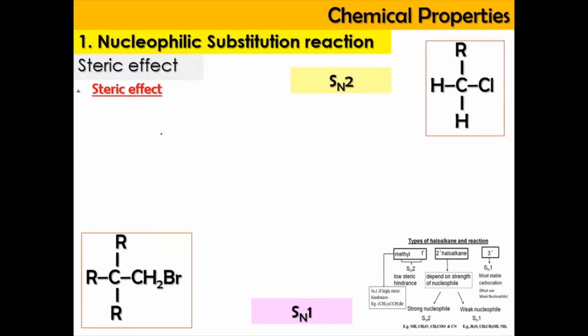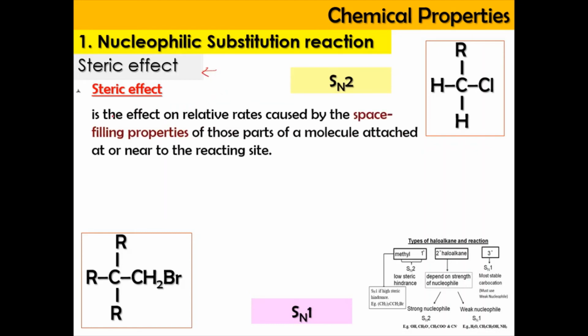Okay, now we're going to look into the steric effect. The steric effect basically means the effect on the relative rate caused by the space-filling properties of those parts of the molecule attached at or near the reacting site. So here we're going to have a primary haloalkane, where the carbon is only attached to one alkyl group. Usually we're going to say that it will undergo an SN2 reaction.